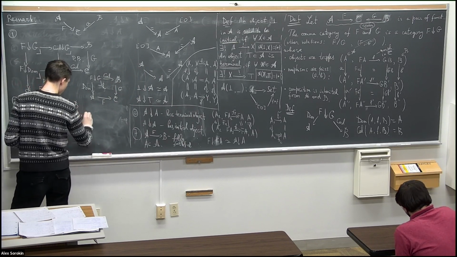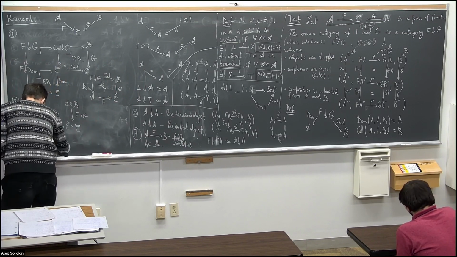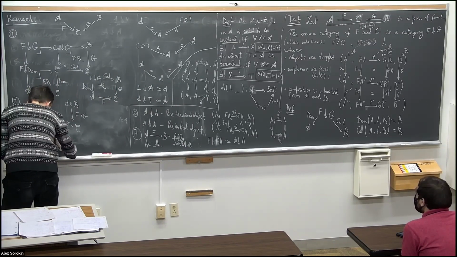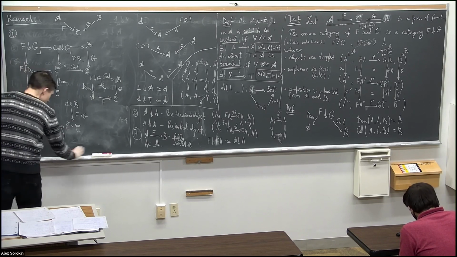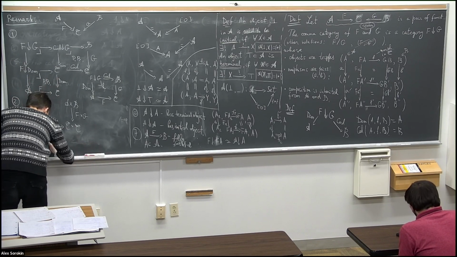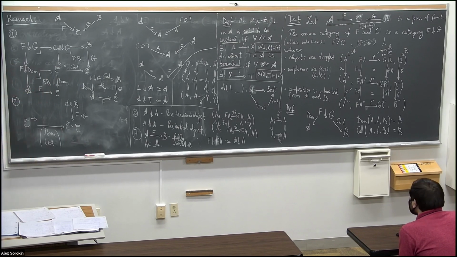Here I have F cross G. Here I will have domain, codomain. I should write this way to be consistent with module theory and so on.